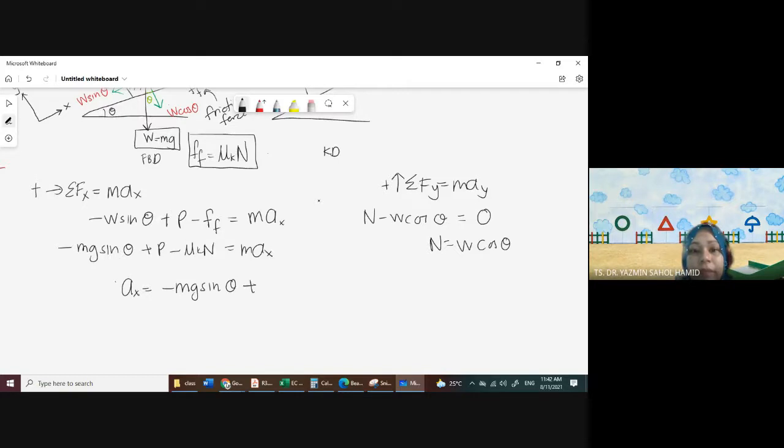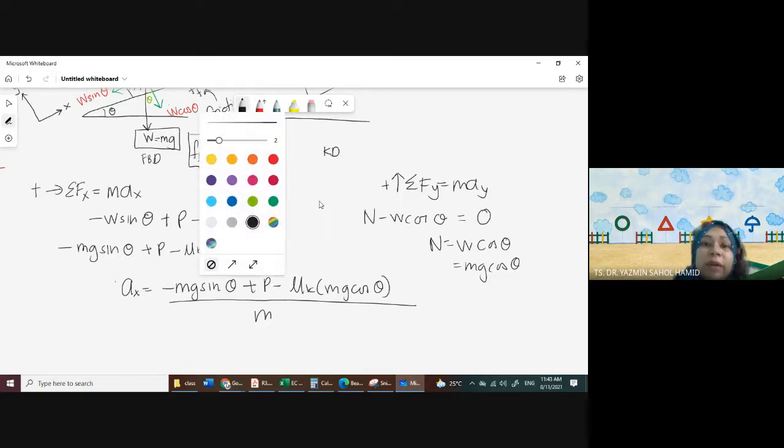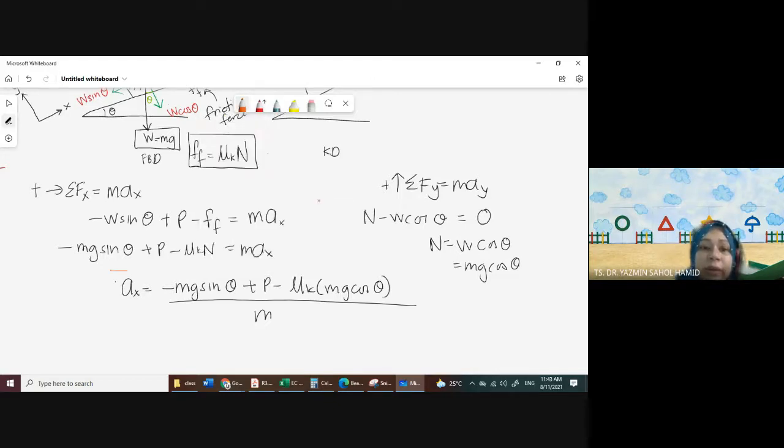Get ready. This equals mg cos theta divided by m. So that is the acceleration. So in case the question asks you to find acceleration, this is what you have to find. Okay, understand?